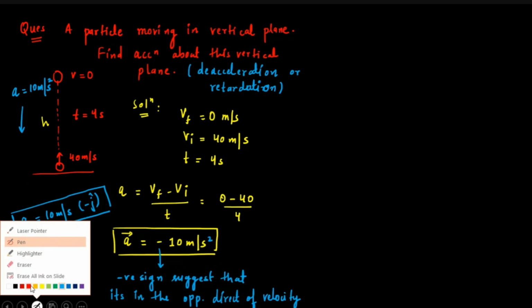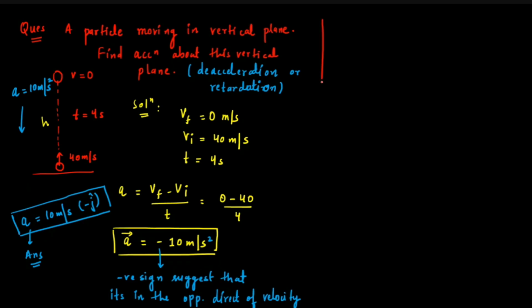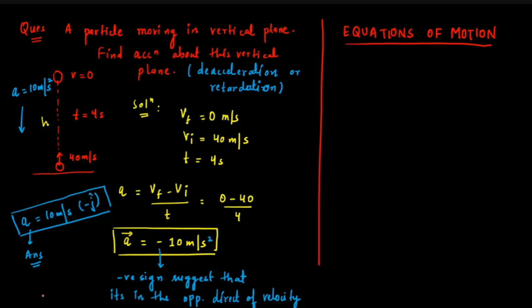All right, so let's move ahead. Next, we have to talk about equations of motion. Whatever physical quantities we have studied so far, we use to represent the motion of a body, and they come together in the form of equations, which will help us calculate the different physical quantities associated with the motion of the body. So there are three equations.